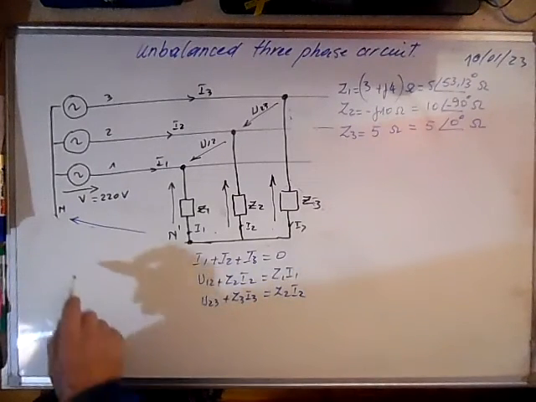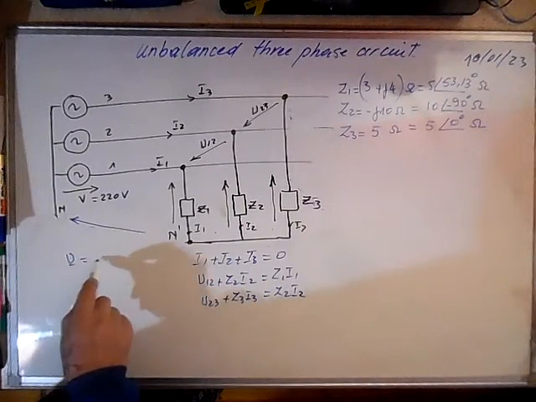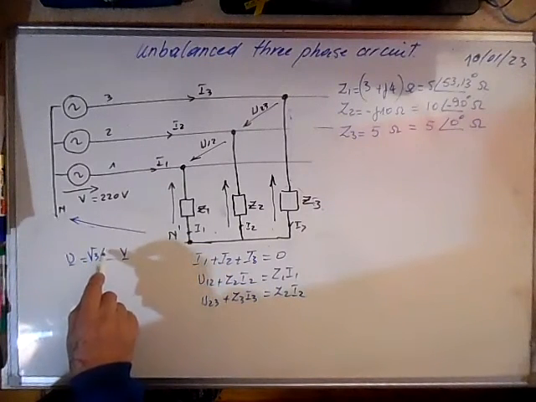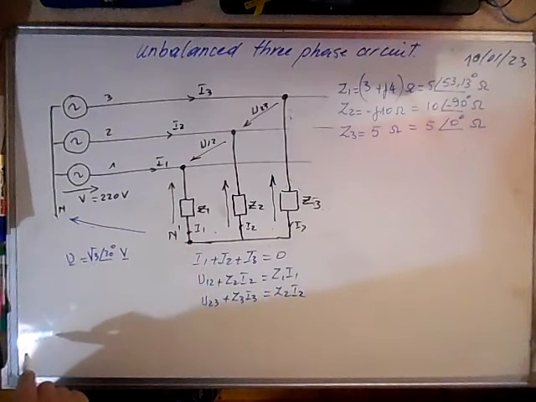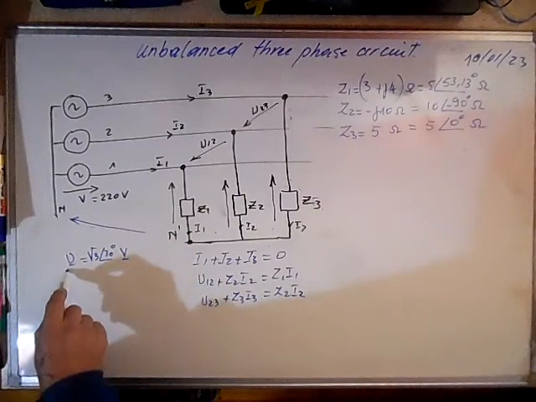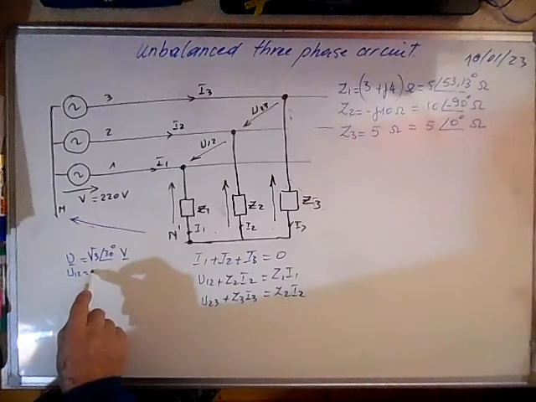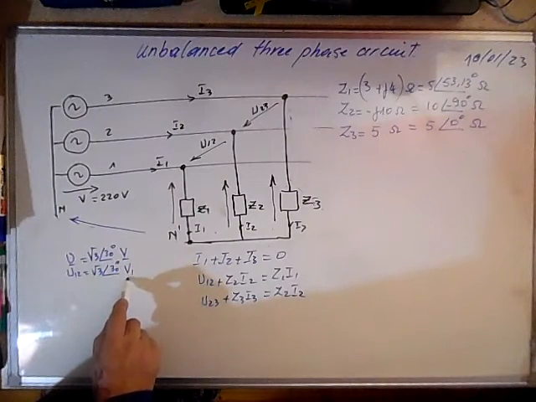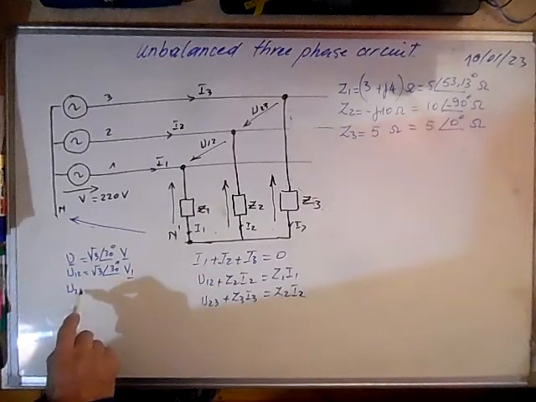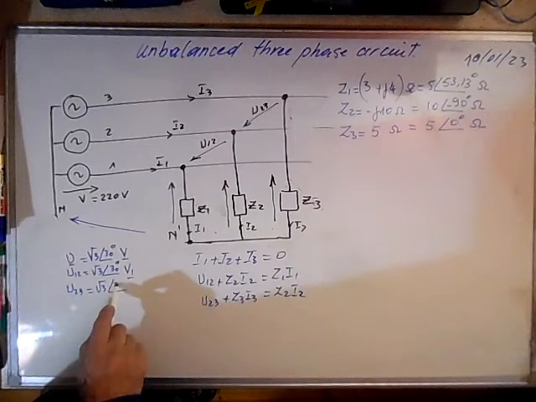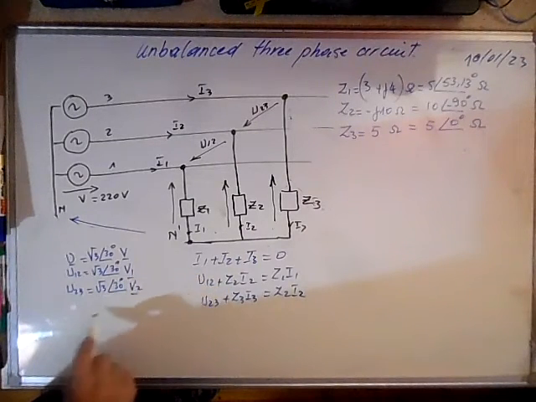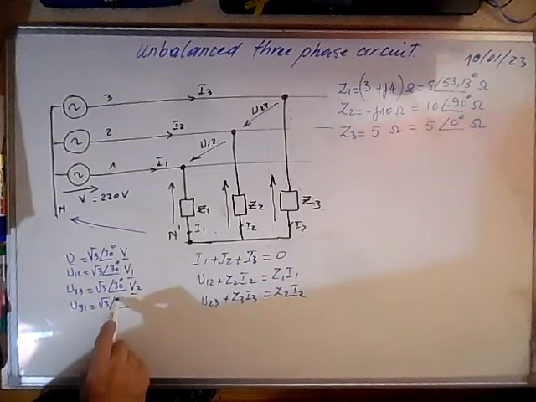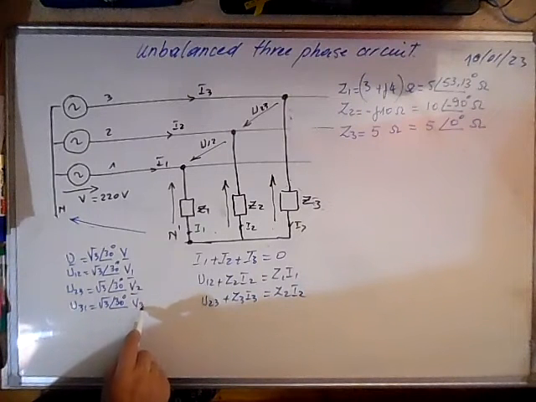Now we have a relation between the line voltages and phase voltages. There is a rotation of 30 degrees and a factor of square root of 3. So U12 is square root of 3, 30 degrees, V1, U23 is square root of 3, 30 degrees, V2, and U31 is square root of 3, 30 degrees, V3.